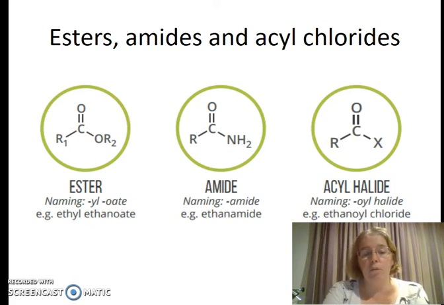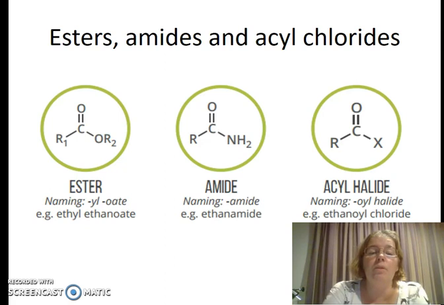The final functional group is the ester, and that is the one that probably confuses more people than any other functional group. You can think of it as a carboxylic acid. So we've got a carbonyl group attached to an oxygen as well, single bonded. But instead of that being an OH group, it is an oxygen connected to another carbon chain.